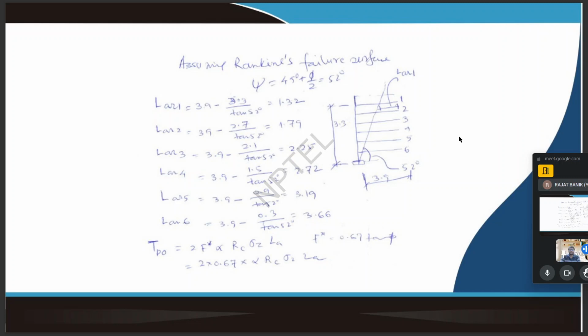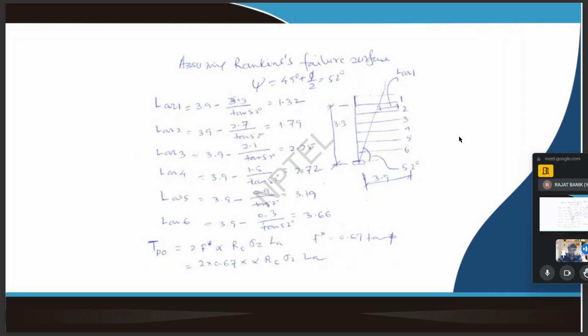And after that, we find out the total maximum pull-out tensile strength or pull-out force. For this, we already discussed this formula in previous classes. We use this formula, that is 2 into F star alpha R C sigma Z L A, where F star is equal to 0.67.